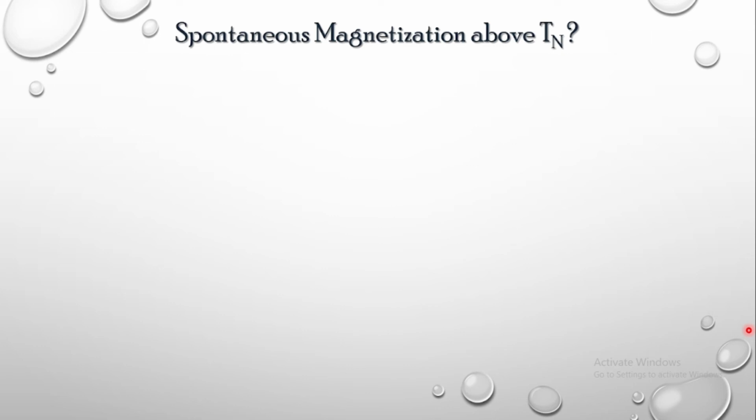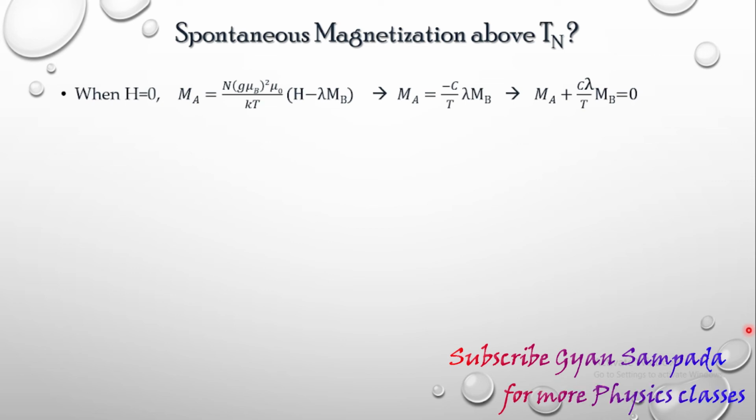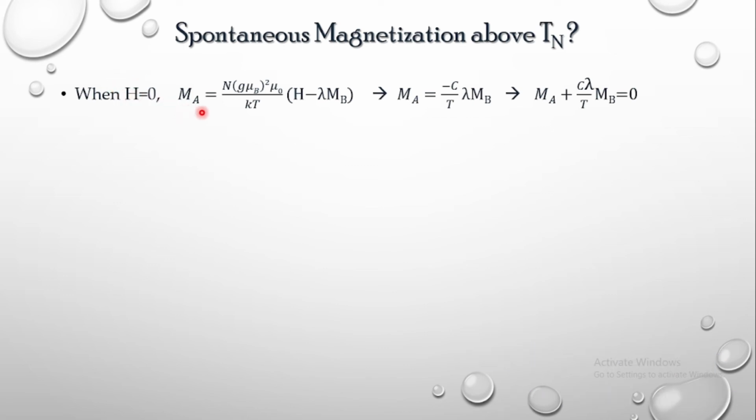And we know that spontaneous magnetization is nothing but the magnetization even in the absence of an external magnetic field. So here we will consider H equals 0, that is, the external magnetic field is not applied.